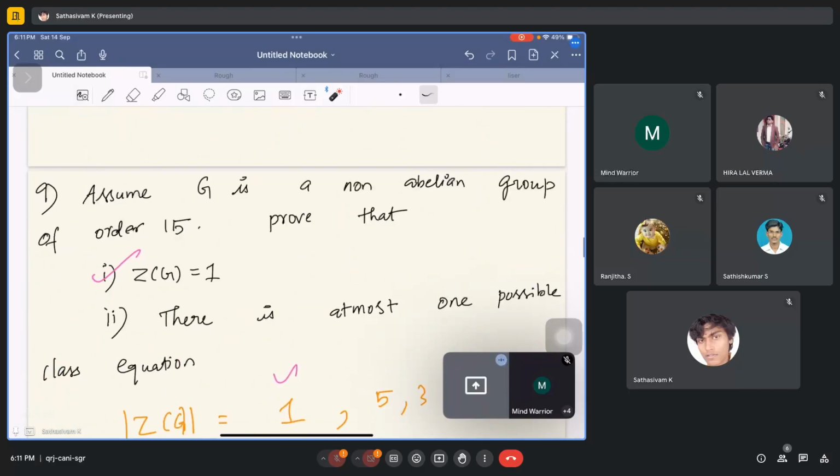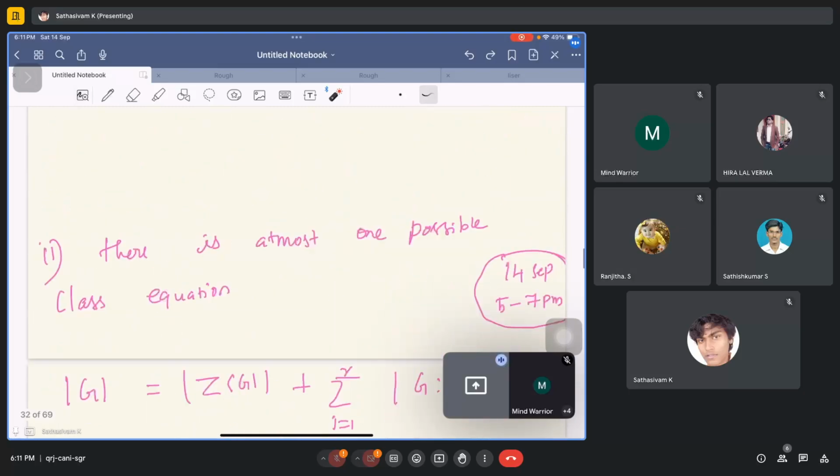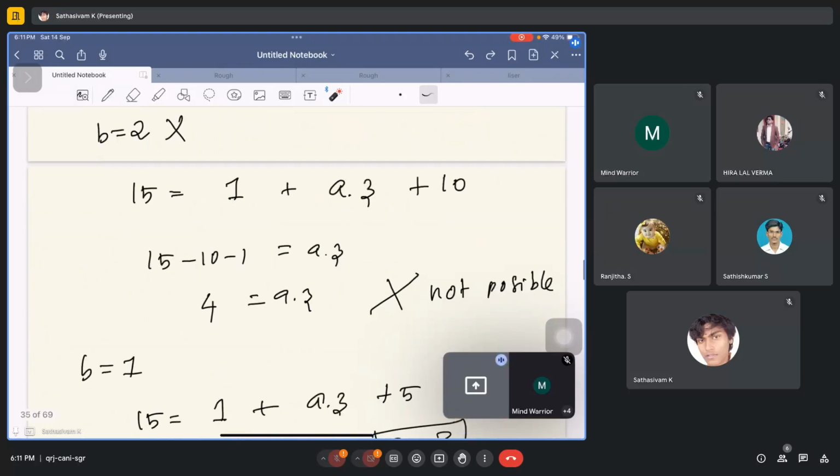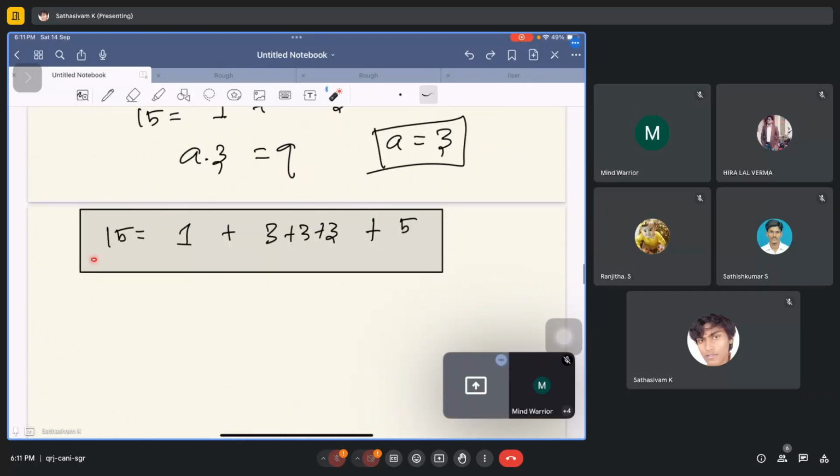This is what we did last time. Assume G is a group of order 15. What we proved is the center of G is trivial, and there is at most one possible classification. That classification is basically here. So this is the possible classification. But what we proved today is this group does not exist at all.